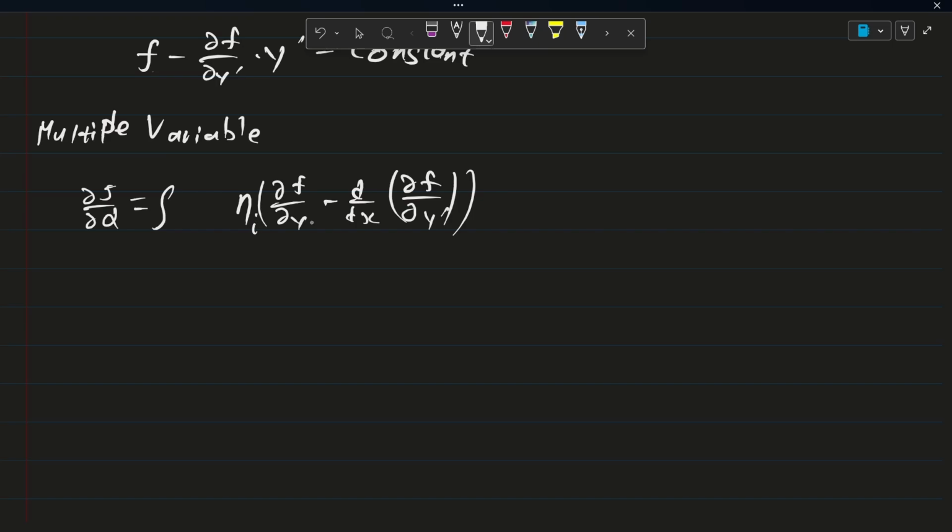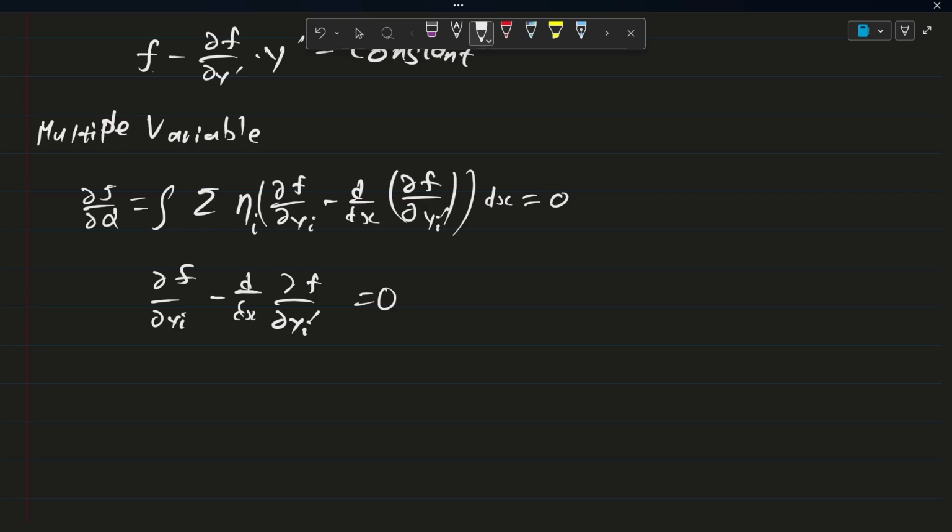So if we index each of these and make it into a sum, it's basically denoting each of the different components. There's the y, there's the z, and so on. Because this condition should be satisfied for all eta i, this means that partial f over partial yi minus d over dx partial f over partial yi prime has to be 0. So basically, Euler's equation always works as long as there are no constraints.